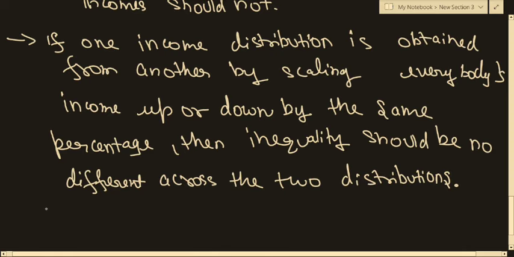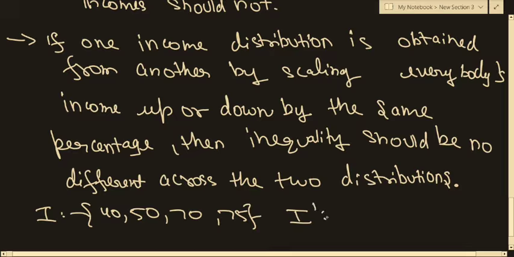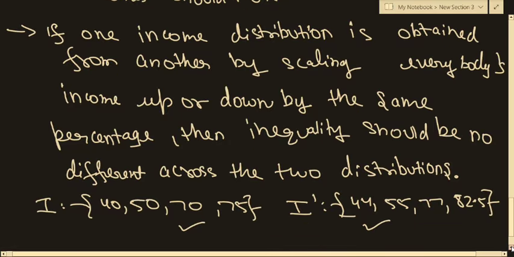For example, let's say we have an income distribution with incomes such as 40, 50, 70, 75, and we derive another income distribution by scaling everybody's income by 10% upwards. So we get 44, 55, 77, and 82.5. So basically, the inequality in this distribution and in this distribution is not different. So this is what is meant by the relative income principle.